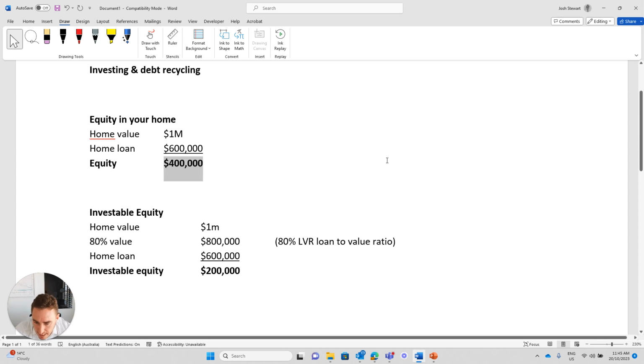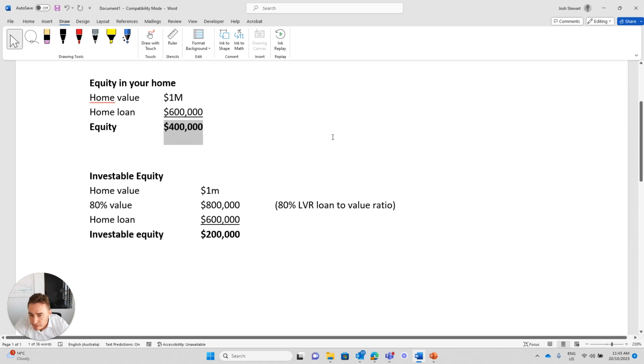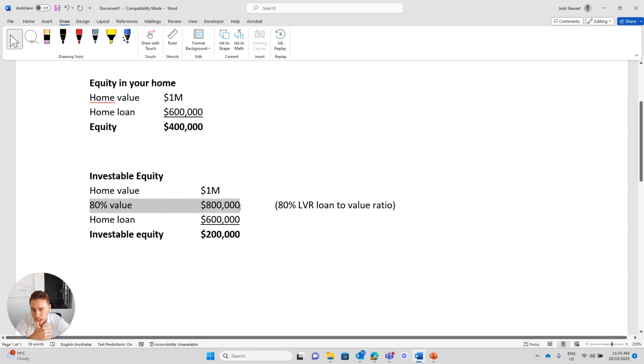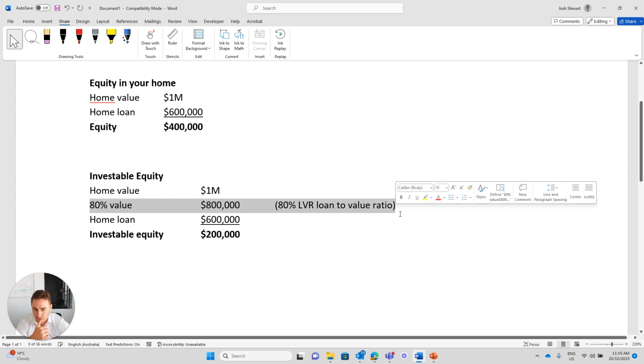Now, investable equity, or usable equity, I prefer investable equity, is the amount of equity that we've got that we could use for, say, investment purposes. How we calculate it is we first have to calculate what an 80% loan to value, or LVR, ratio is of the home.